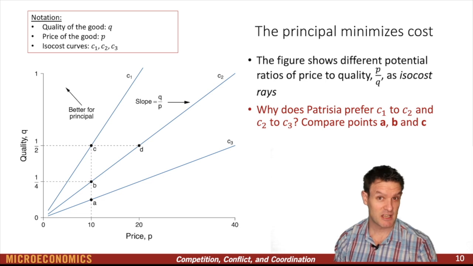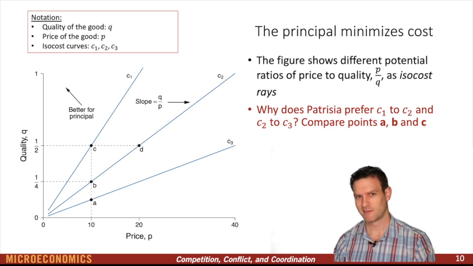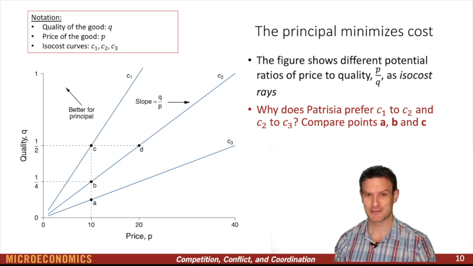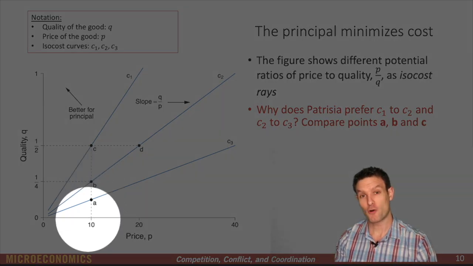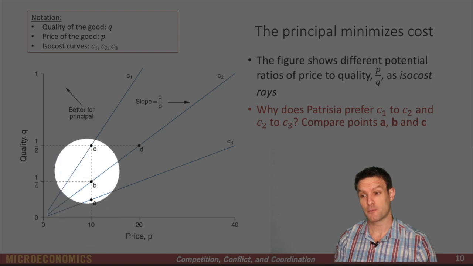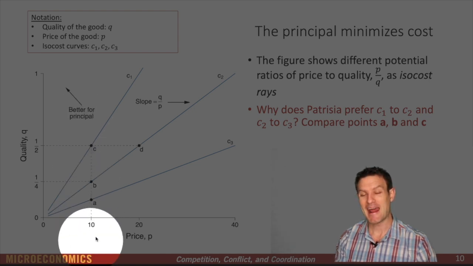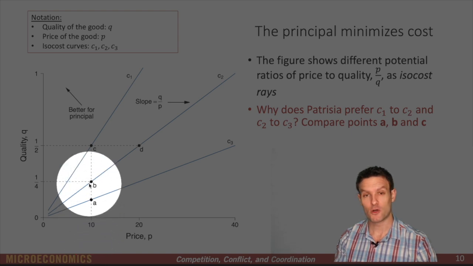Okay, having taken a moment to try to answer that question, if you haven't yet, quickly pause and try and answer it. If we look at points A and B, the price there is 10. The price for all 3 points A, B, and C is 10. But at that price, comparing A and B, what do we see?